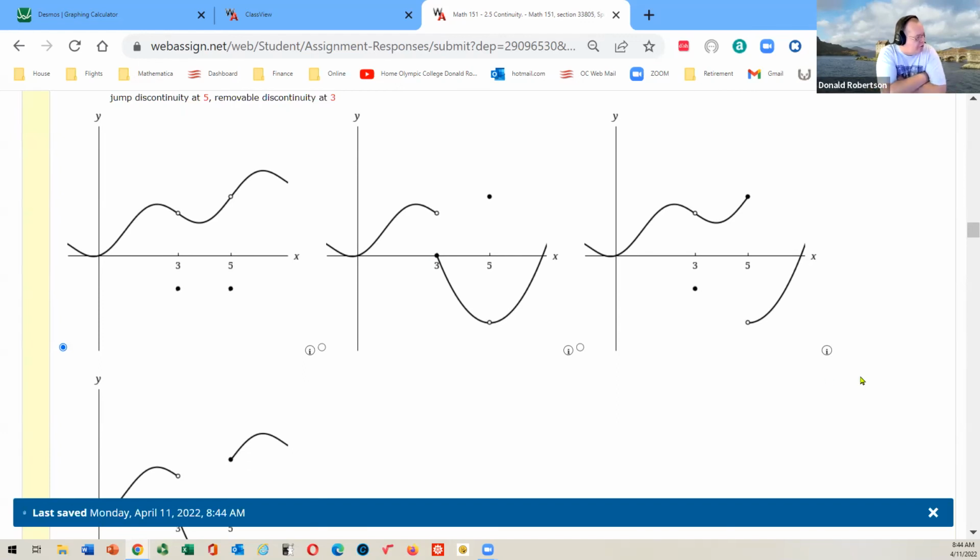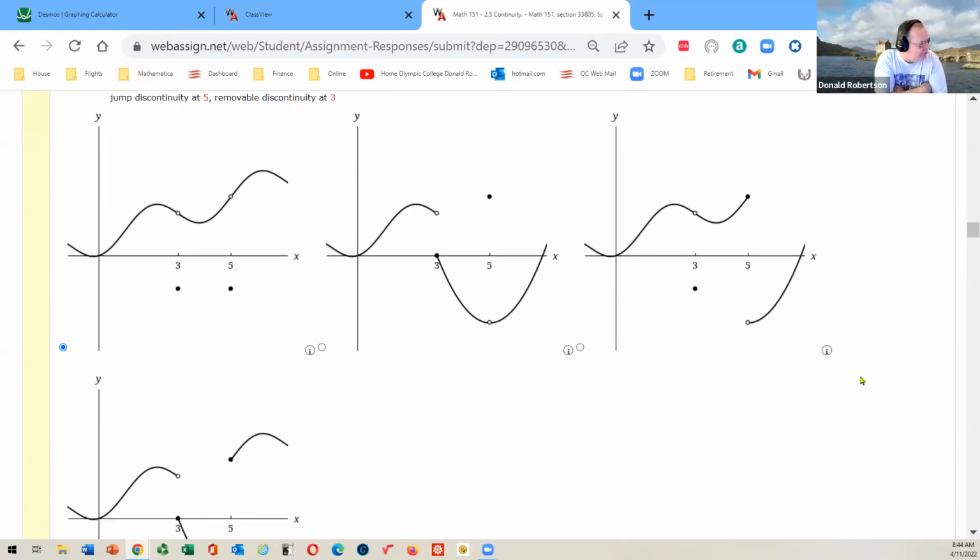So you are trying to find a jump discontinuity at 5 and a removable one at 3. Is it the third one again? Okay, let's see what it looks like.